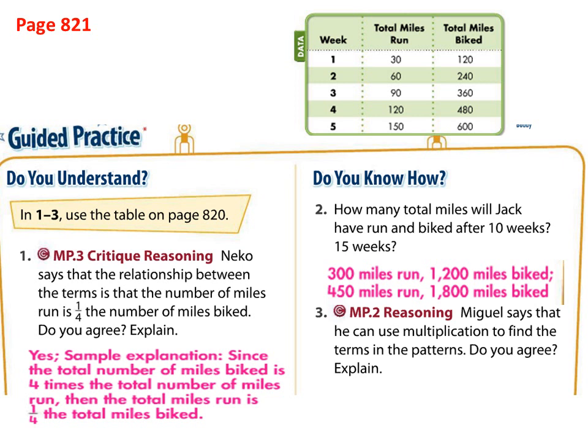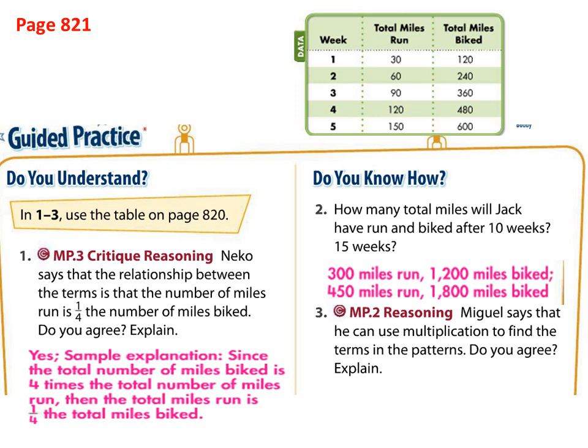The second part, for 15 weeks, multiply 30 times 15. What's 30 times 15? It's 450 miles run. And 120 times 15 will be 1,800 miles biked.